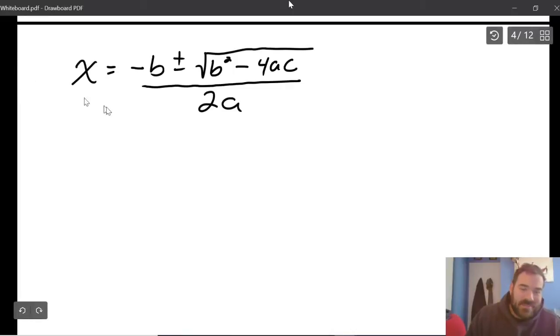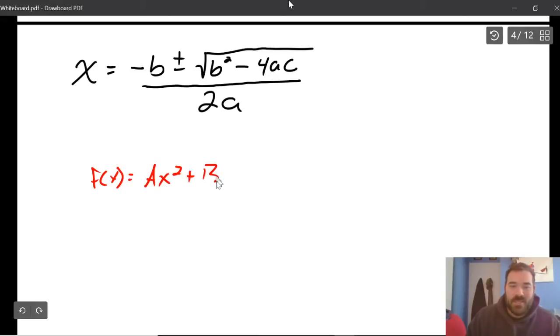What that means is, if you have a quadratic in the form f of x is equal to ax squared plus bx plus c, so that is a quadratic in standard form, this b is this b right there. This b is also this b right here.